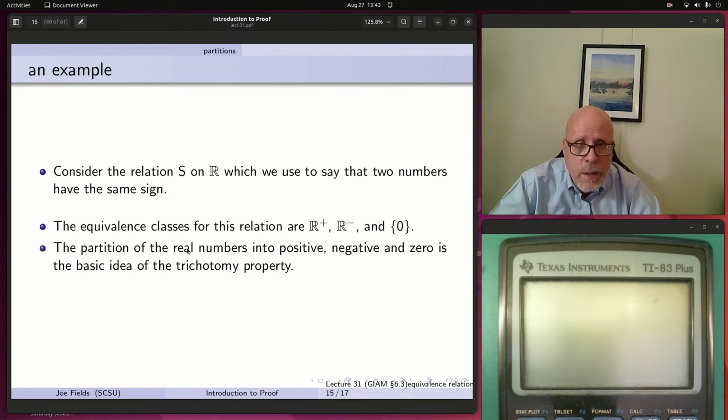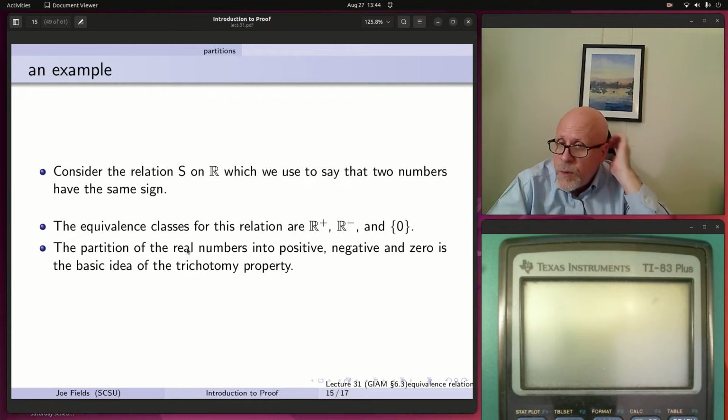That partition is so important, it's got its own name. It's called the trichotomy property. The real numbers can be partitioned into these three mutually exclusive cases. We used it back in chapter 3 when we were doing our intro to writing proofs.